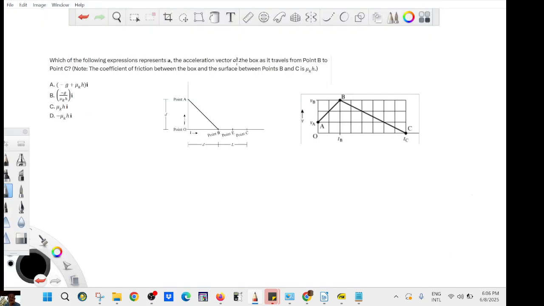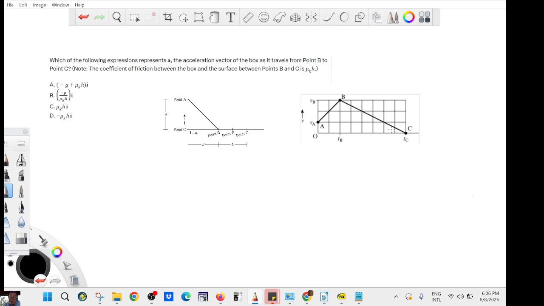You have to read very carefully because it says from point B to point C. So the box is going down the slope here, and then it's going on a horizontal line from B to C. From B to C, you see that the speed is decreasing, and it's going to decrease until it stops here.